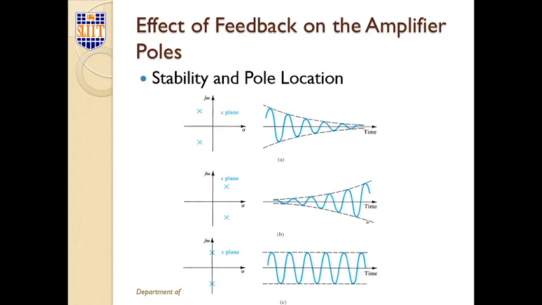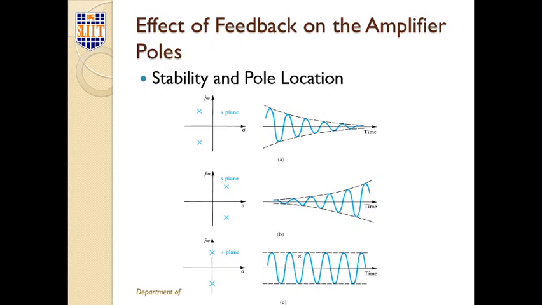Now the effect of feedback on amplifiers: if the poles are located on the negative side, then the amplitude will decrement, and that will be stabilized at 0. And if the poles are on the right hand side of the imaginary axis, then it will be increasing, and after some time the output will saturate.